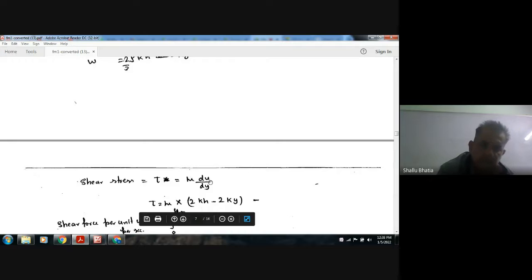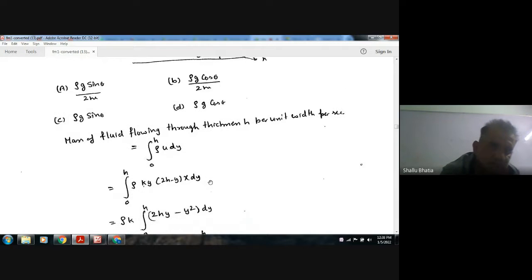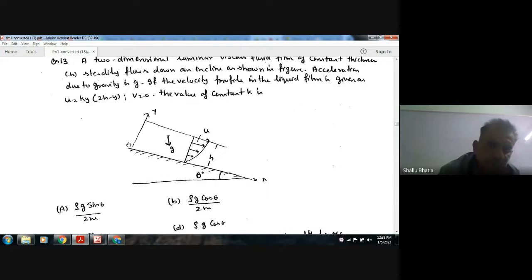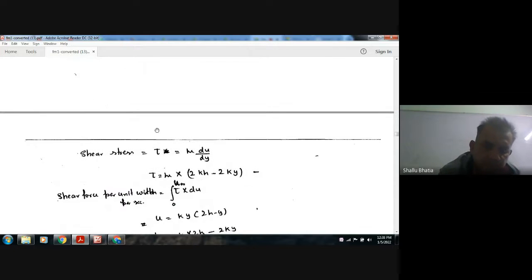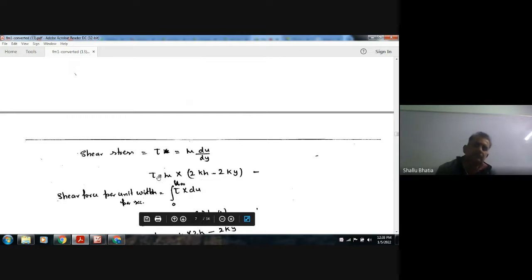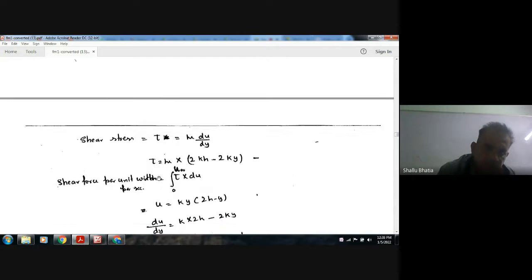Since u is given, du by dy is 2kh minus 2ky. That is the shear stress at a distance y from the bottom, in a strip of thickness dy.